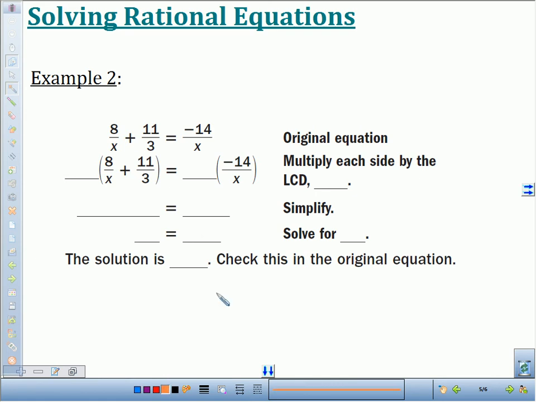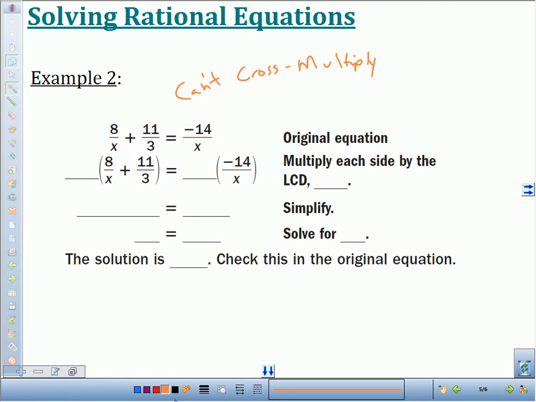This poses a problem. I can't cross multiply. I cannot cross multiply because I don't have one rational expression on each side of the equation. I have two on this side.